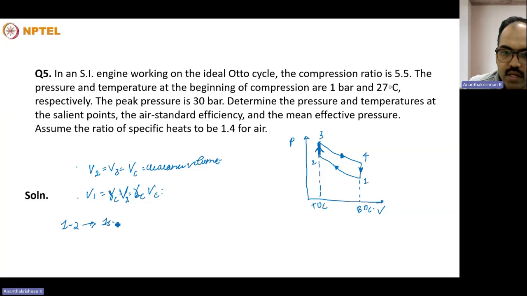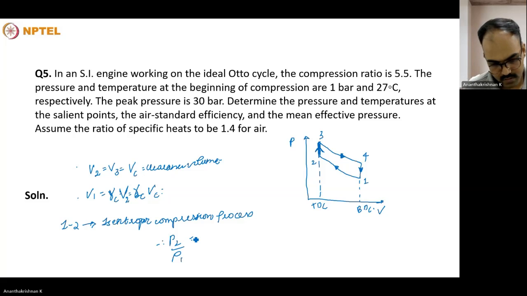So 1 to 2 is isentropic compression. Therefore, P2 by P1 will be equal to V1 by V2 raised to gamma, since PV raised to gamma is a constant.